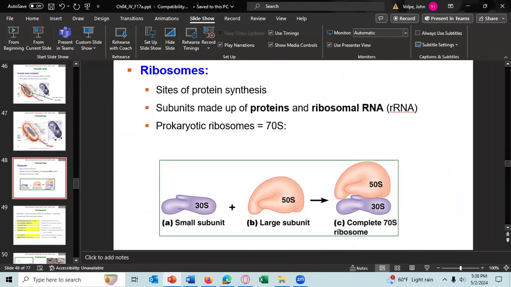ribosomal RNA. The prokaryote ribosomes are a little different than the eukaryote in that they're smaller. They're 70S in size. I may talk about the eukaryotes, or maybe I won't, I don't remember. But the eukaryote ribosomes are 80S in size. You don't need to know about the S, but that's a unit that microbiologists and biochemists have for discussing ribosomes.